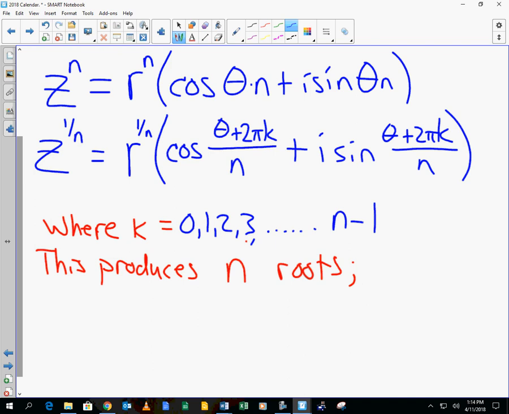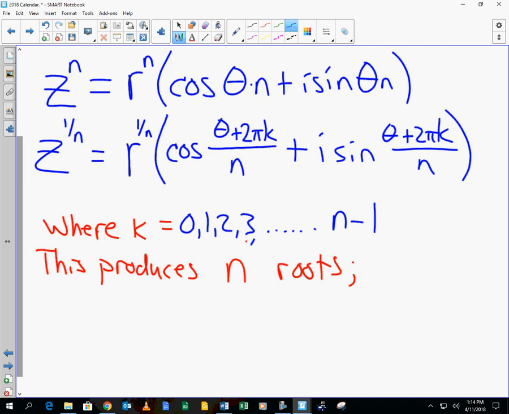Now, what the heck does that mean? Here's what it means. Suppose I'm finding the square root. What would n be if I'm finding the square root? 2. Okay? So k is up to n minus 1. What's 2 minus 1? 1. So k will be the integers 0 and 1, which is how many integers? 2.